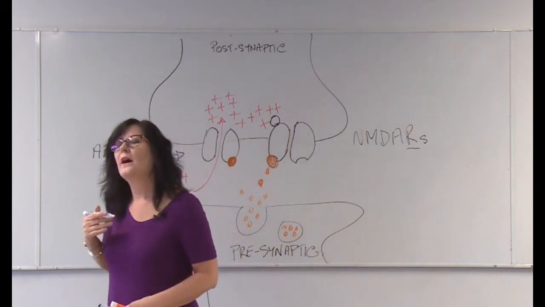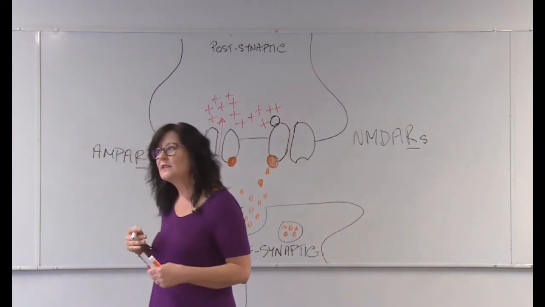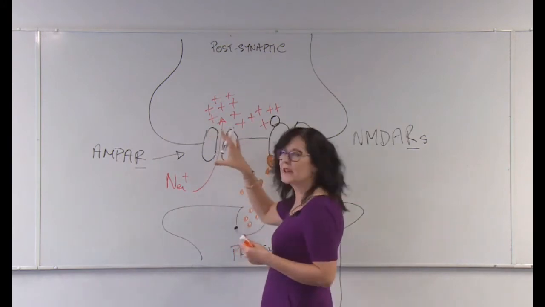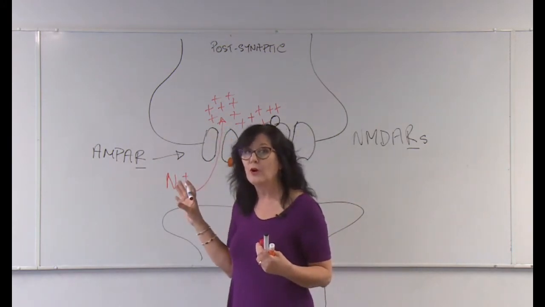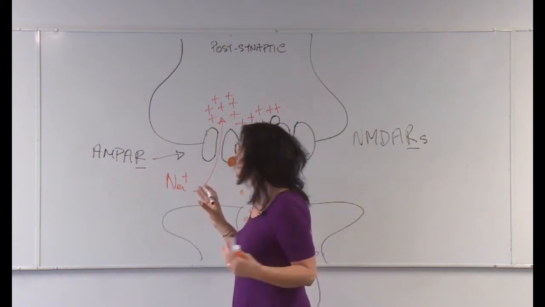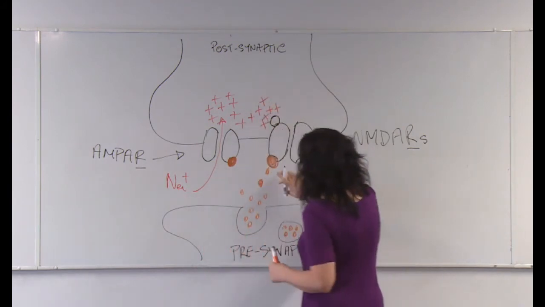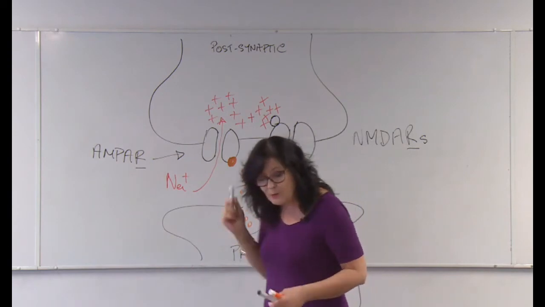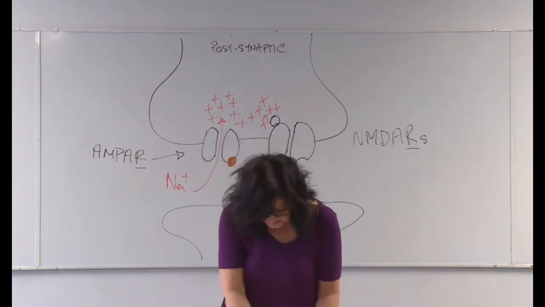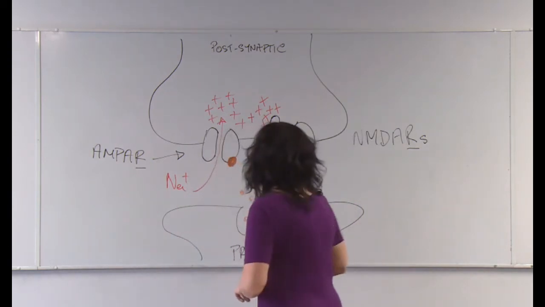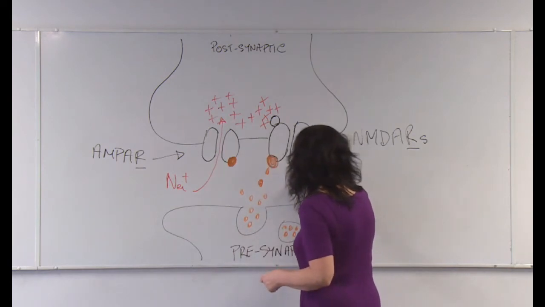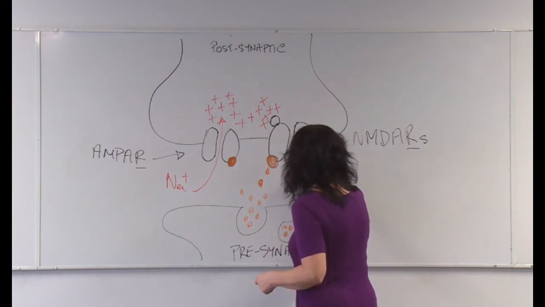And it's got quite a high threshold, so it needs strong depolarization from the AMPAs before it will do anything. So strong depolarization, glutamate binding, and one other thing: it needs glycine to bind.